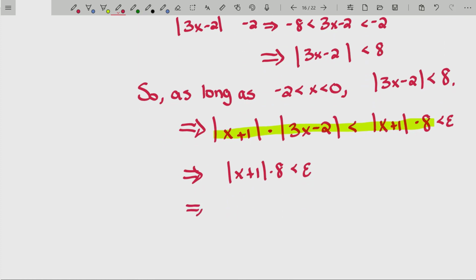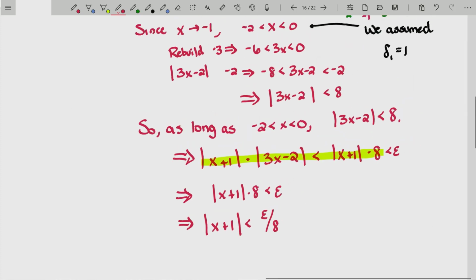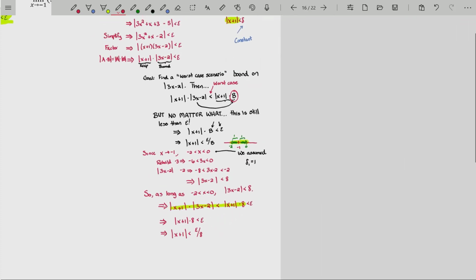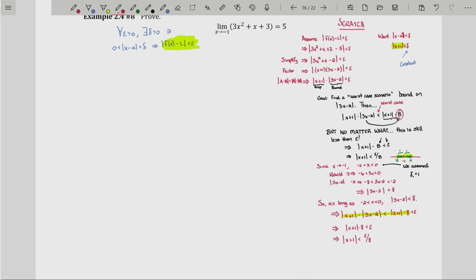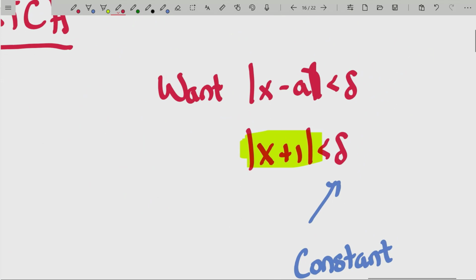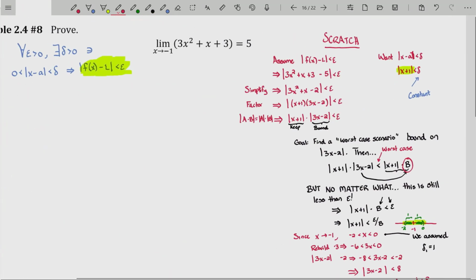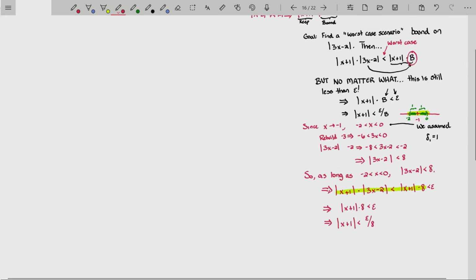Divide both sides by 8, and you have a bound, finally, for x plus 1 in absolute value. Remember, the goal here the entire time is to get the absolute value of x plus 1 to be less than something, and we just did that. So our choice for delta, sort of, is epsilon over 8.